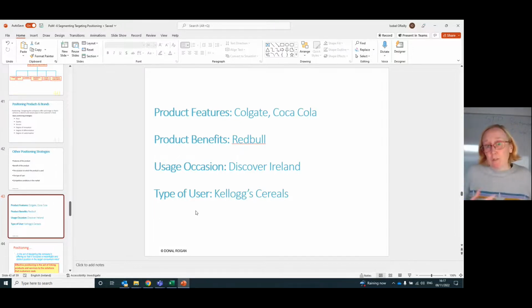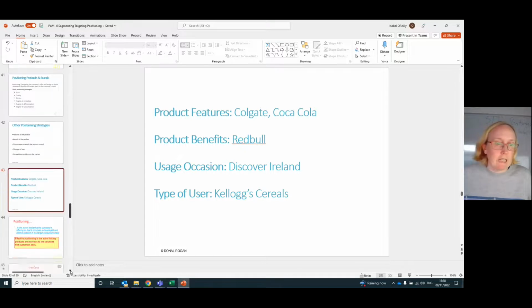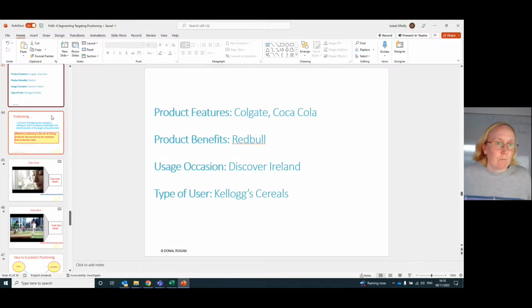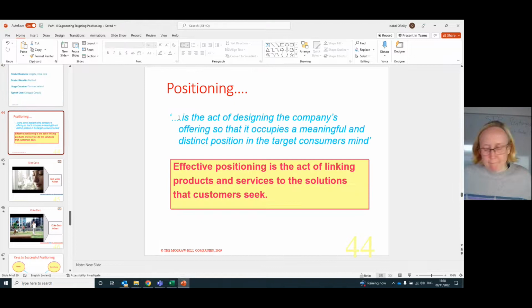The type of user, so Kellogg's positions on the type of user, Special K as opposed to cornflakes. You can imagine the differences there.